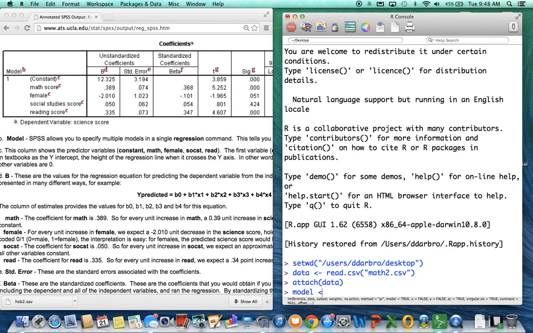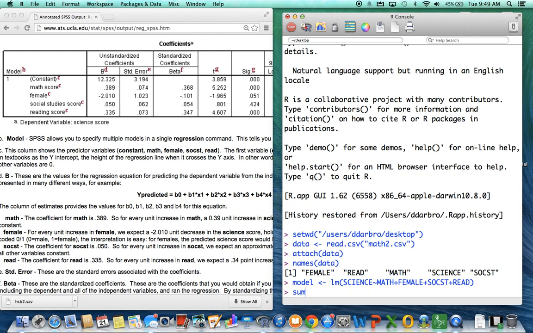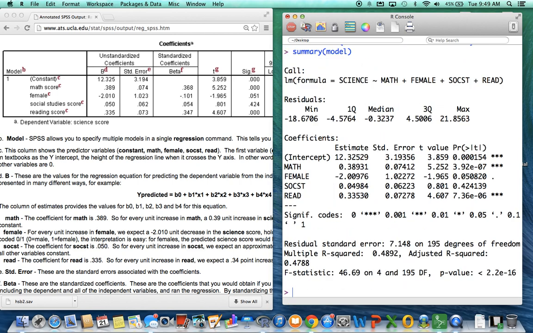So our model, I never can remember. All right, so our model is going to be, let's see, we're doing science as a function of math plus female plus social studies plus read. Now, gang, when I do summary of my model now, lo and behold, we get the same thing.